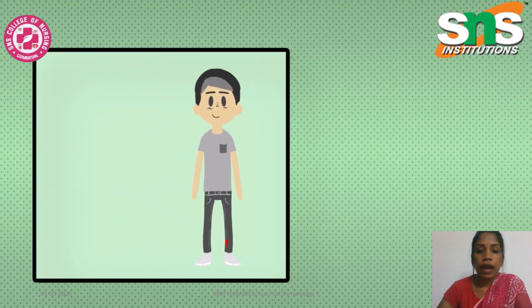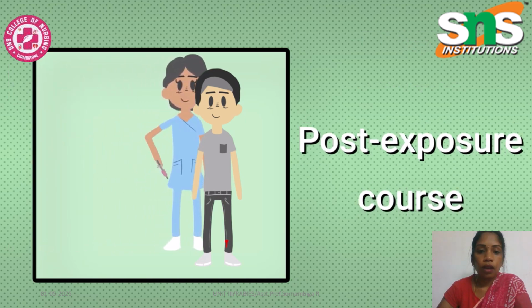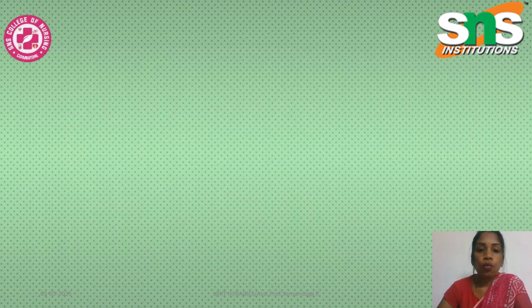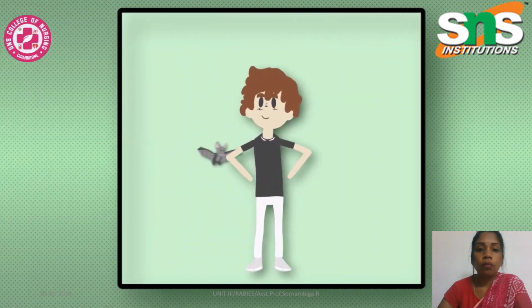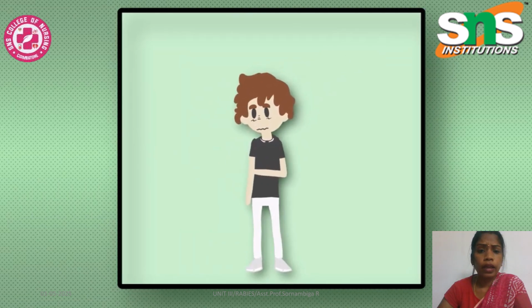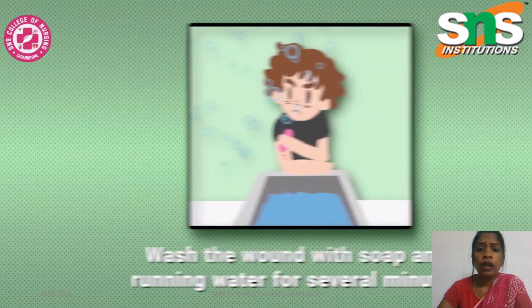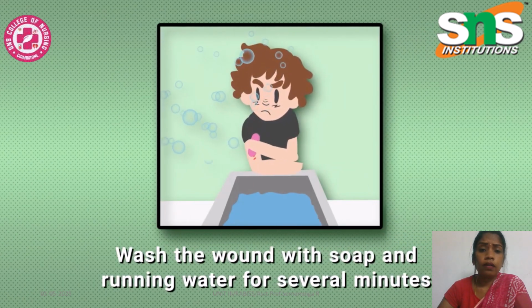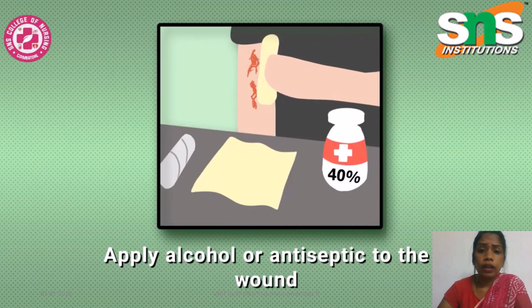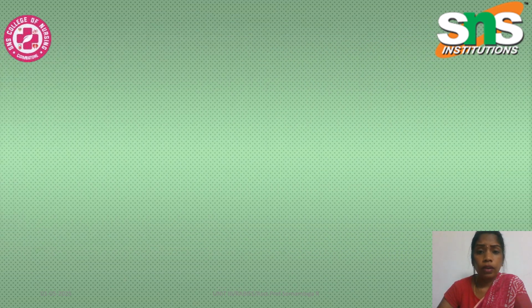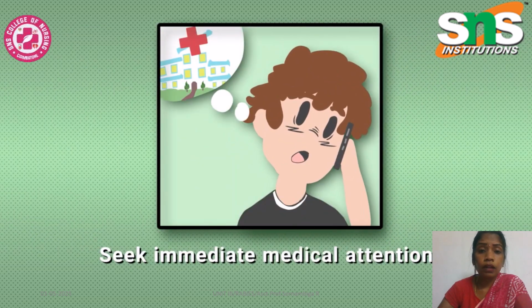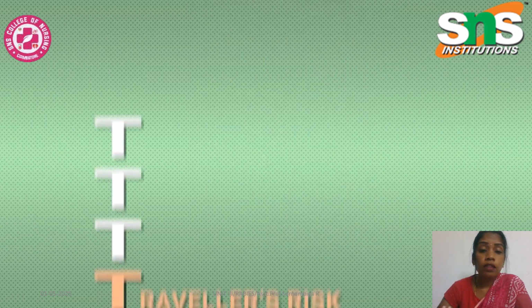If someone is scratched, bitten or licked by animals, wash the wound with soap and water immediately. Apply alcohol or antiseptic to the wound and cover with a simple dressing. Seek immediate attention, and we can recover the patient by following the immediate protocol and consulting your doctor.